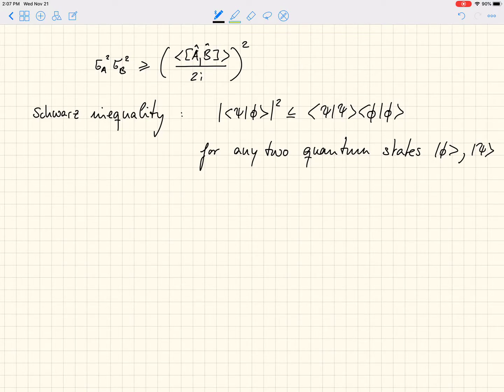As a matter of fact, this is a general property of an inner product, and by that, we should be only using properties of an inner product to actually prove this inequality.